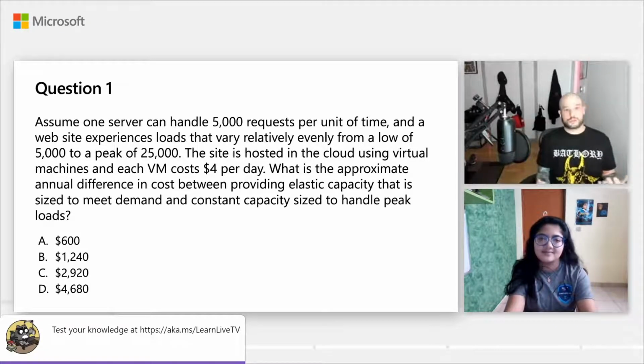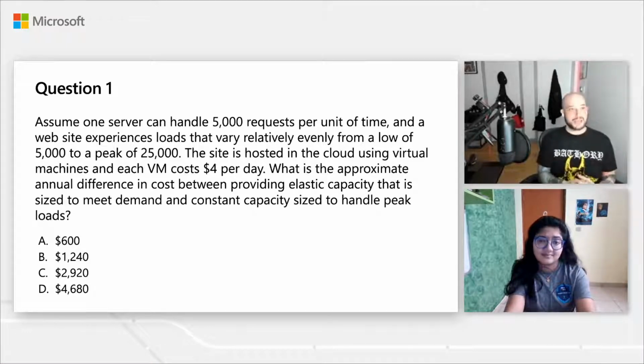The site is hosted in a cloud using virtual machines and each VM costs about $4 a day. What is the approximate annual difference in cost between providing elastic capacity that is sized to meet demand and constant capacity sized to handle peak loads?